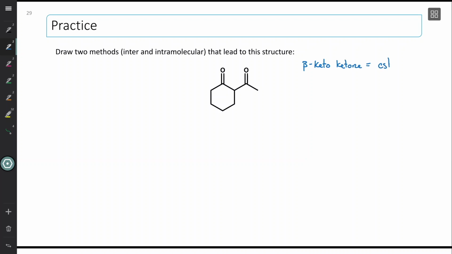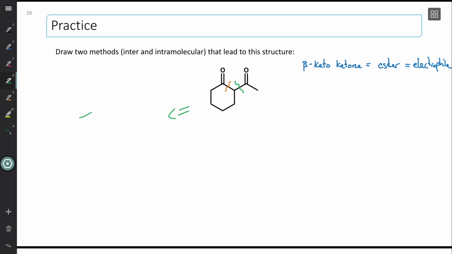So the ester is the electrophile again. Now, let's look at the two ways that we can split it. We can split it this way or this way. Well, let me make that a different color. Okay, let's do the green first.